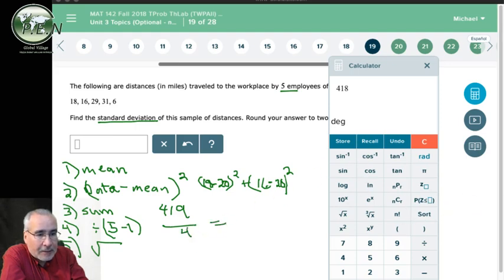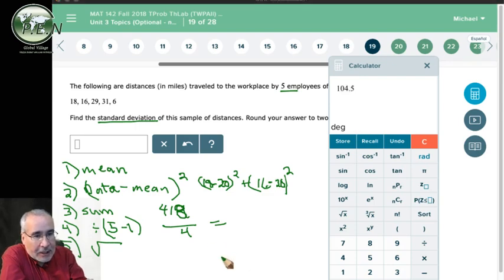Let's take 418. It's so easy to put the wrong numbers down, but when you double check, you catch it. Divided by 4, that gives us 104.5.